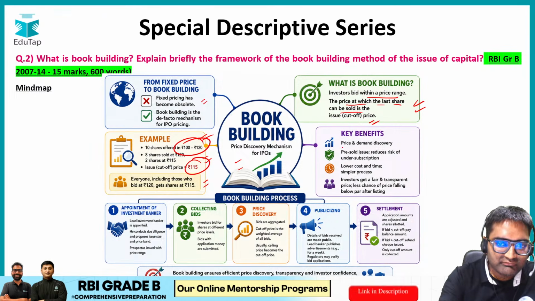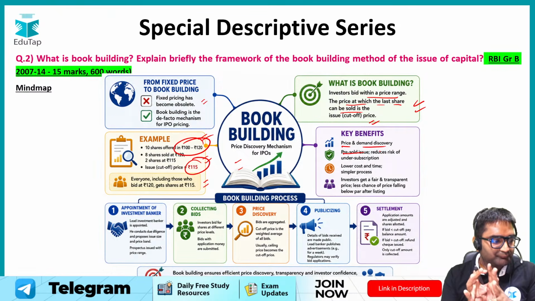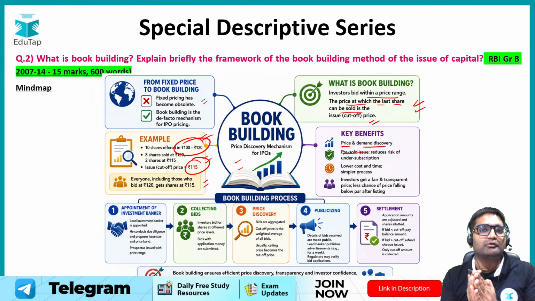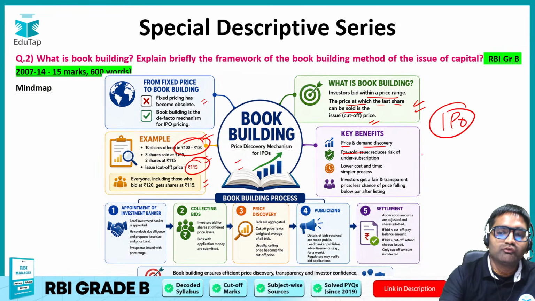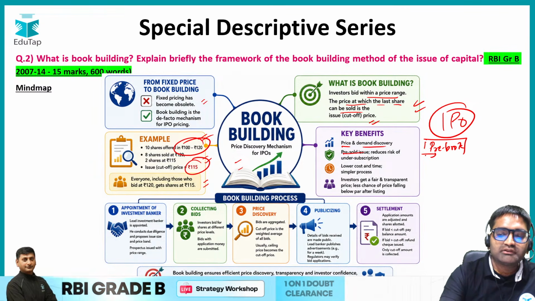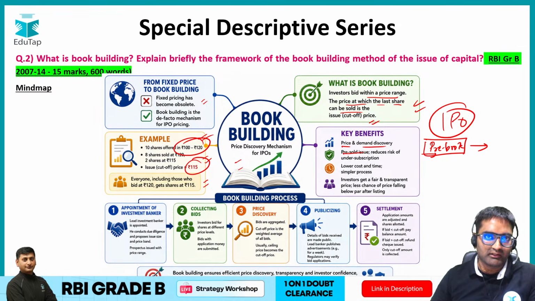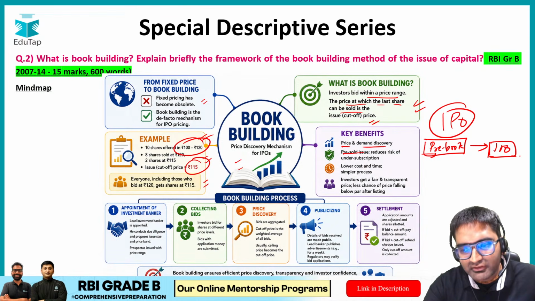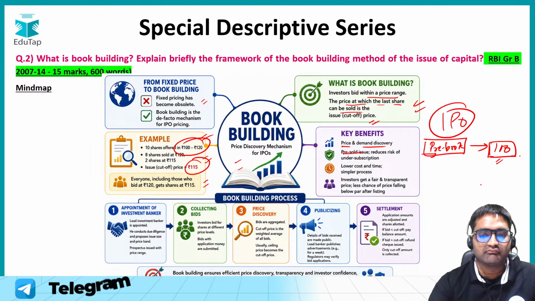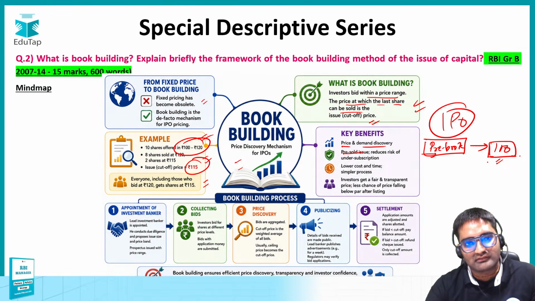Now talking about the key benefits, it helps in price and demand discovery also. One more important benefit is that through the book building process, even before the actual IPO is out into the public, we go for pre-booking of the equity instruments or shares. With this pre-booking, we are very sure that when the shares move into the market, let's say you came up with 100 shares, at that time you are sure of the requirement in the equity market for these shares getting sold.